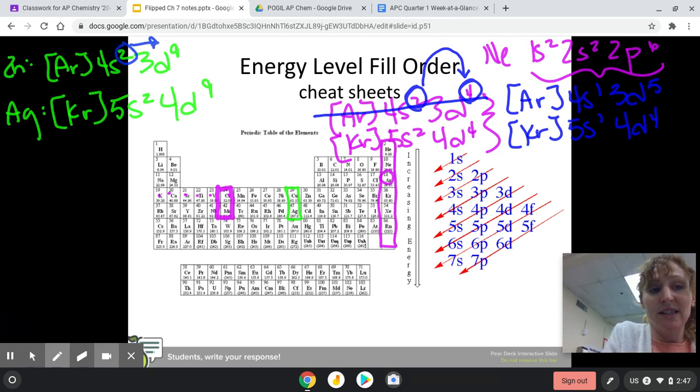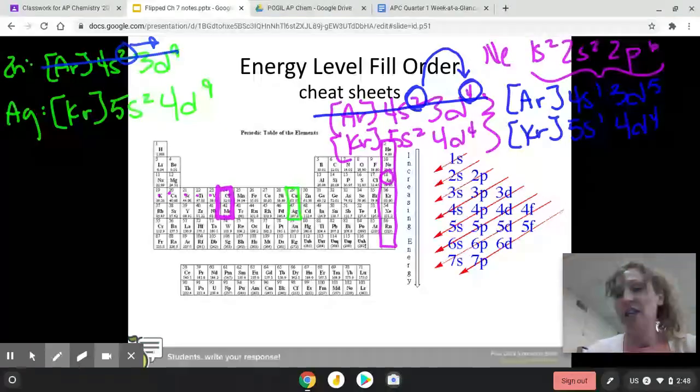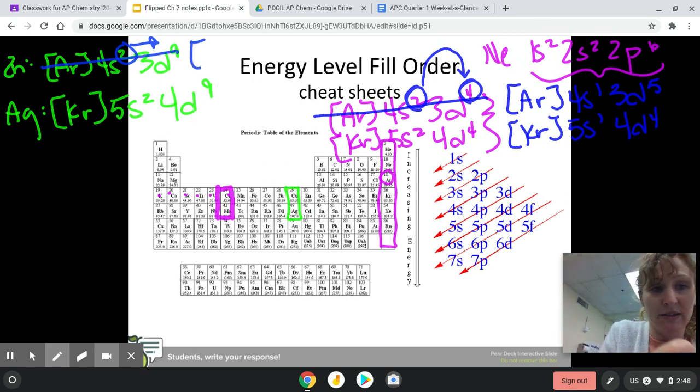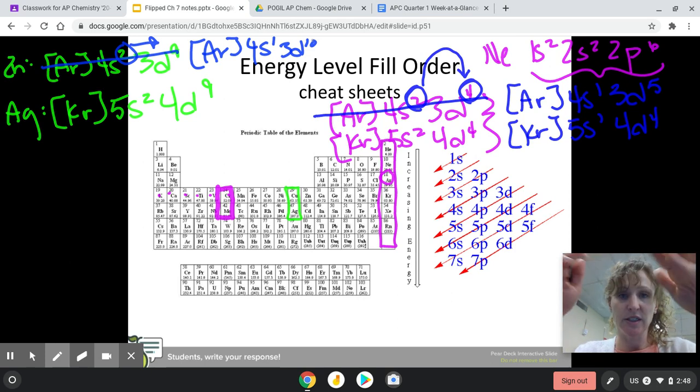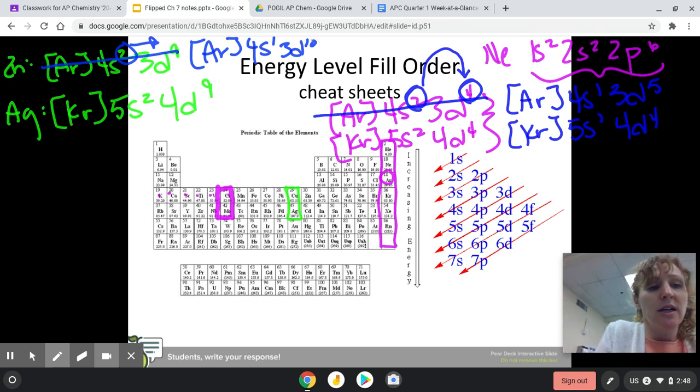So copper's electron configuration is not what we would expect. It's going to be argon 4s1 3d10. So notice, instead of having a full subshell and some random number, we can have a half subshell, a whole subshell. Half filled, completely filled, which lends better stability than some random number in there.